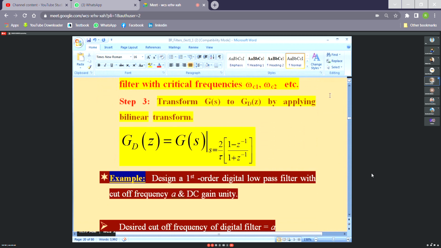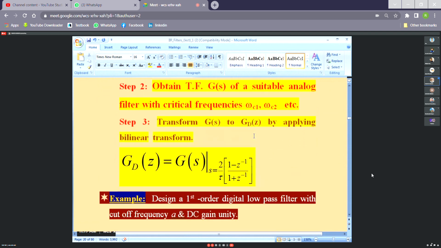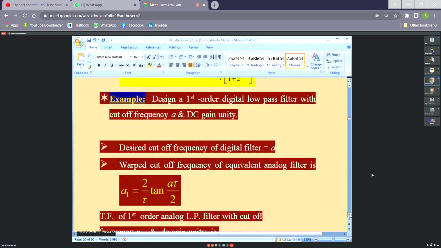Now I have considered here a very simple example. Have a look at this example.